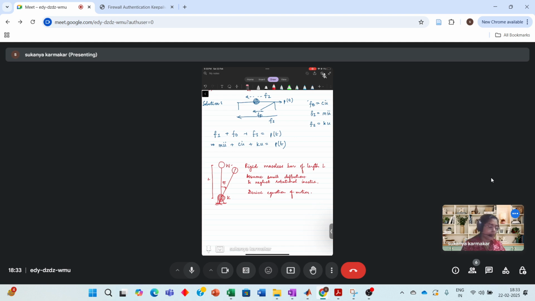Okay. Try solving this question. Rotational stiffness is force upon rotational deformation. Yes. Okay. That means force upon theta. Yes. Okay.